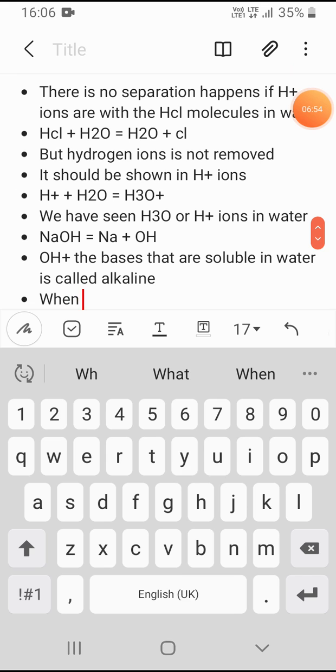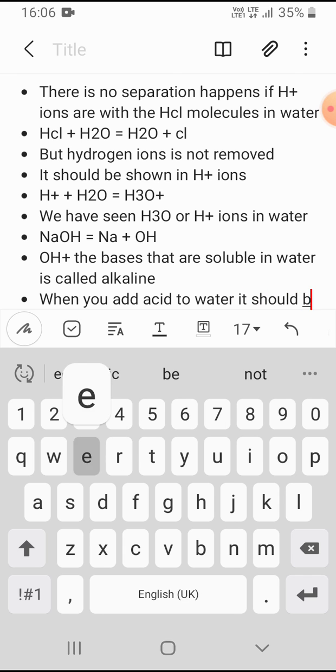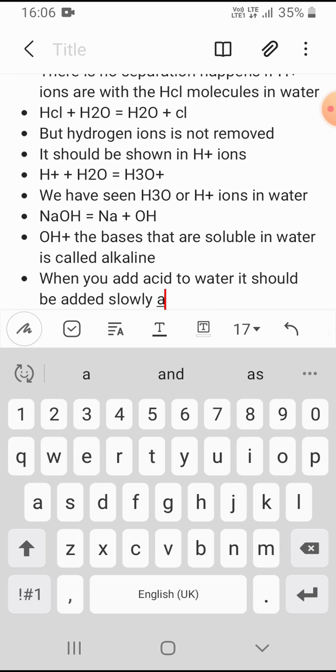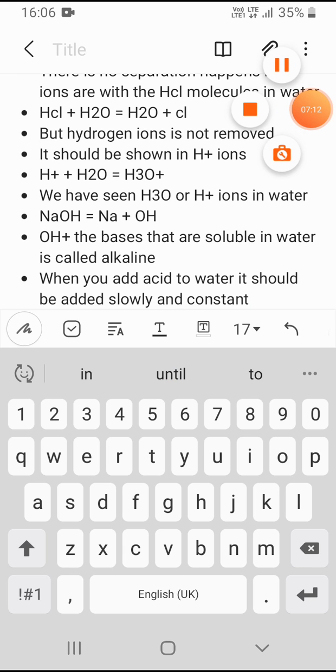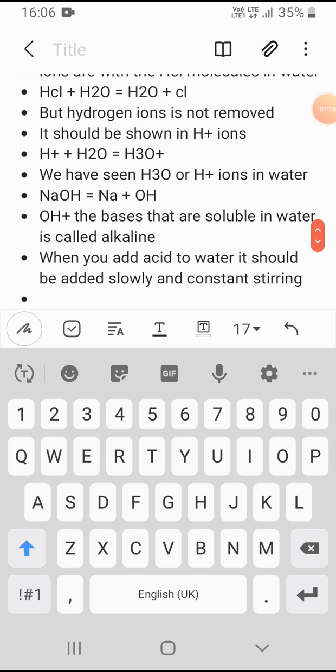When you add acid to water, it should be added slowly, and there should be constant mixing or stirring, otherwise it may burn.